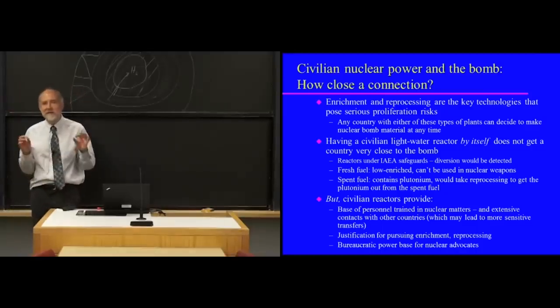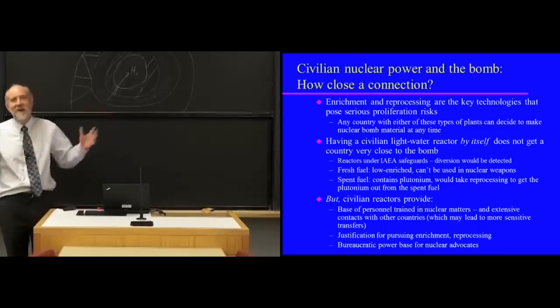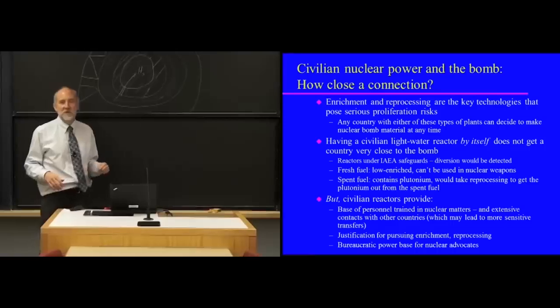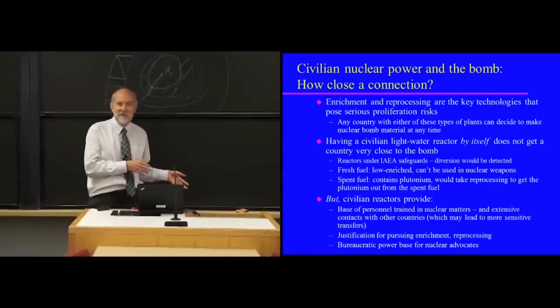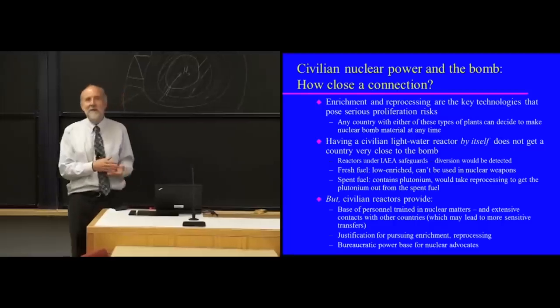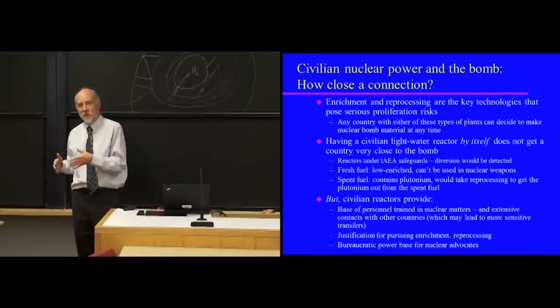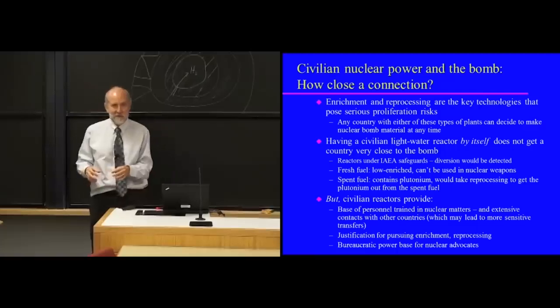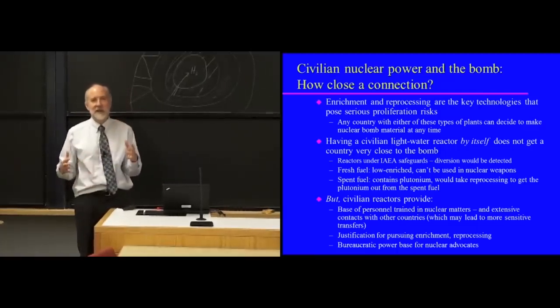Unfortunately, exactly the opposite is true. You need a much bigger and nicer plant to do enrichment or reprocessing for civilian purposes, because you need to actually be able to make money out of it, so it has to be efficient and so on, than you need for nuclear bomb purposes. And one key element of that is just the scale.